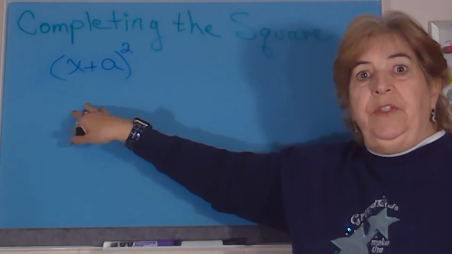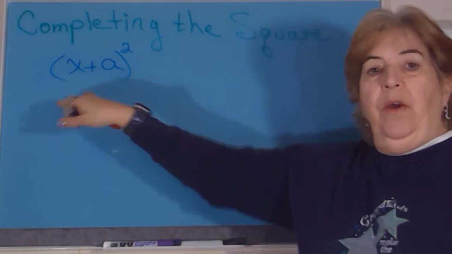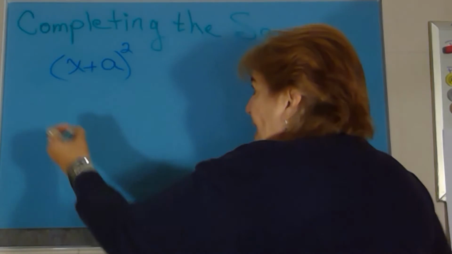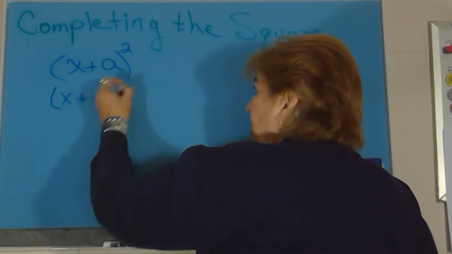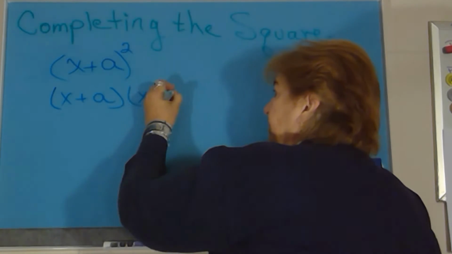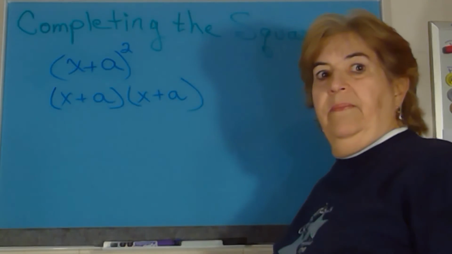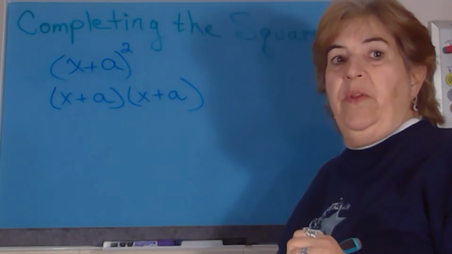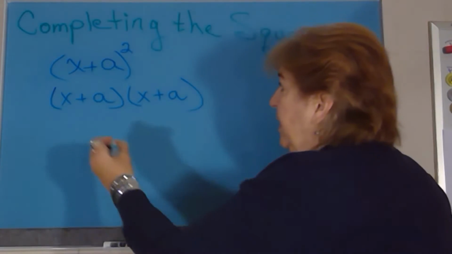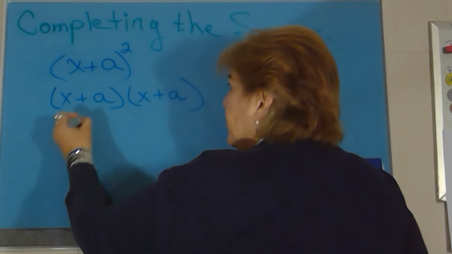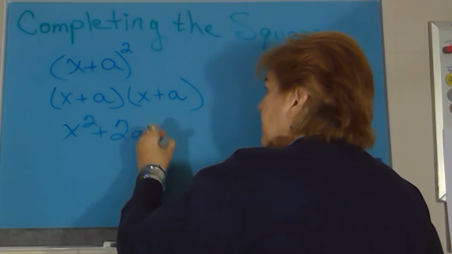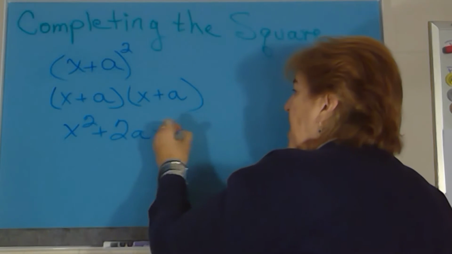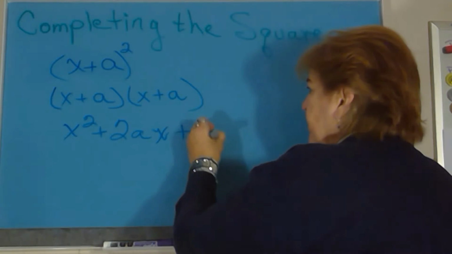If we look at this, remember when you square a binomial, that's the same as x plus a times x plus a. And if you FOIL that, or remember the formula, that will give you x squared plus 2ax plus a squared.